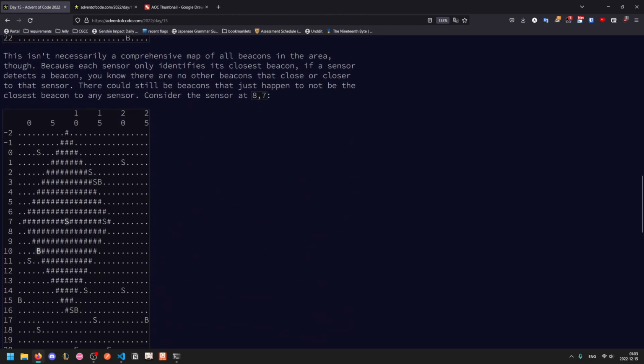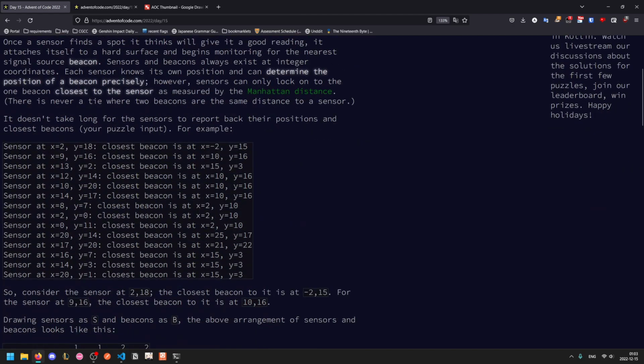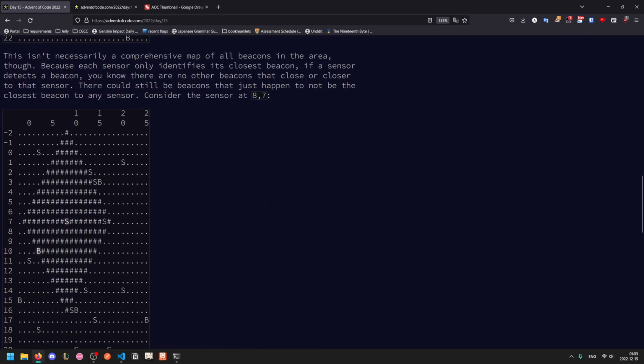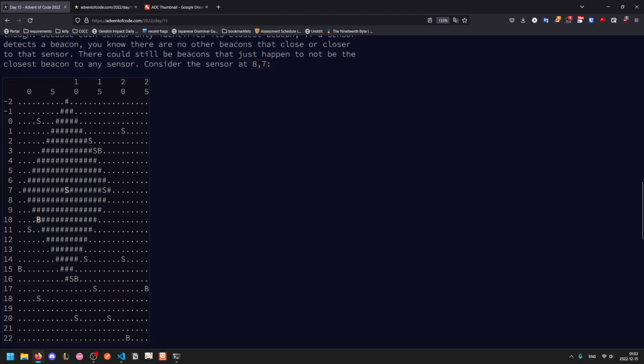So for example, if we look at the sensor at position 8,7 and its beacon at position 2,10, then this entire diamond of pound signs represents the area in which another beacon cannot reside. There could still be beacons outside of this diamond, just not ones that are closer than or equal to the closest one.